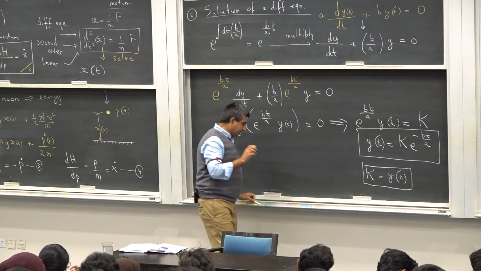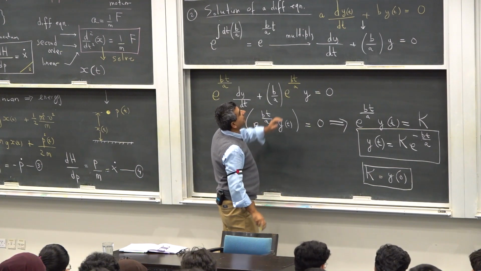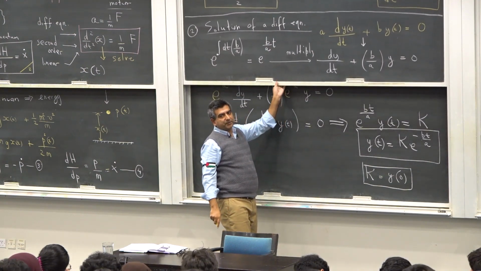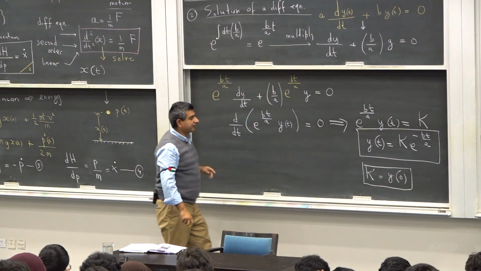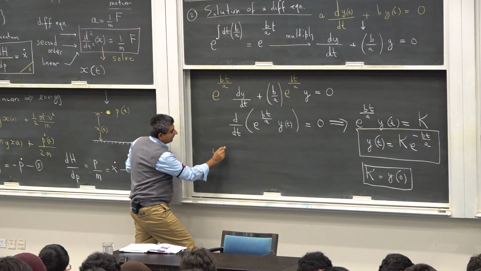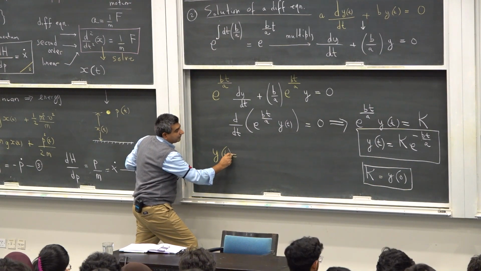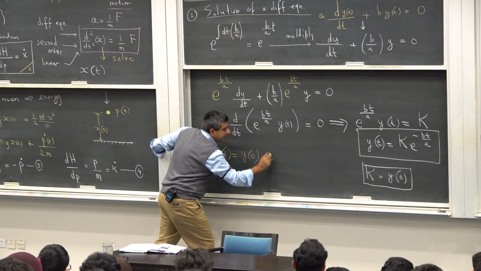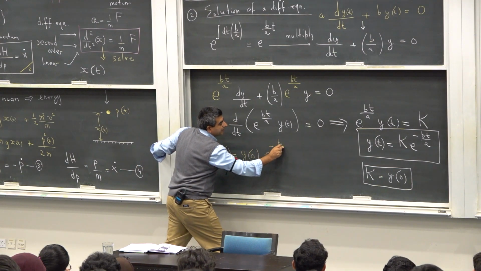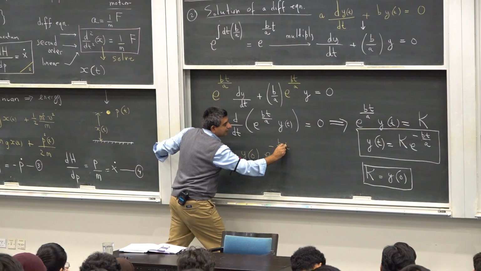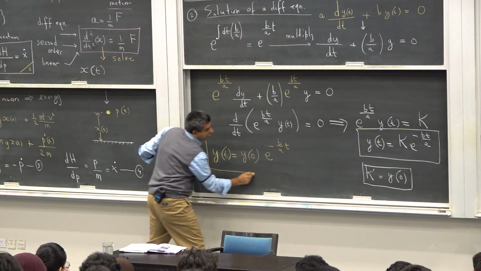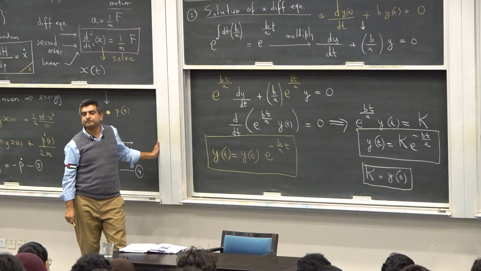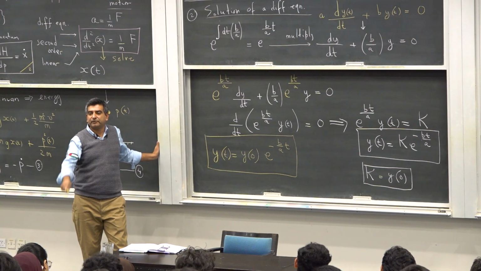Hence the solution to this original differential equation is y at time 0 times e raised to the power minus b over a times t. Got it? There's a question here.